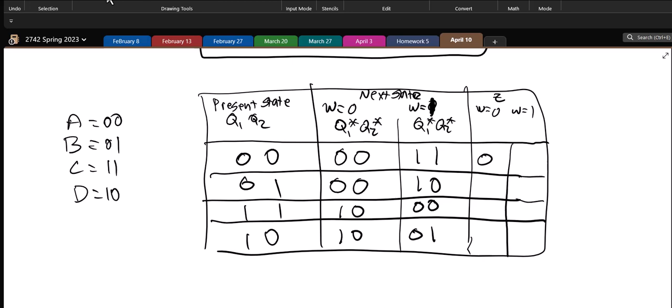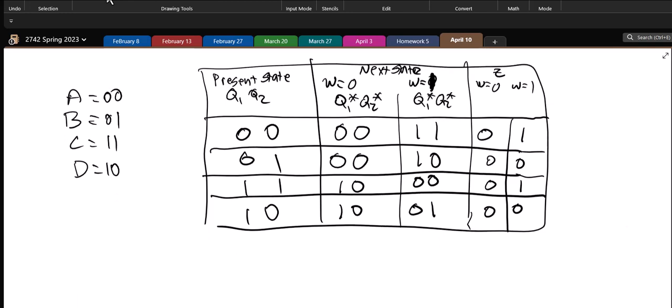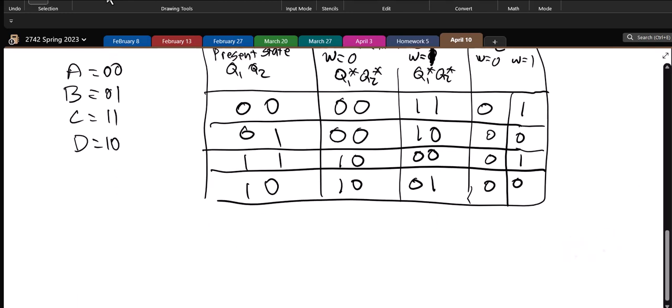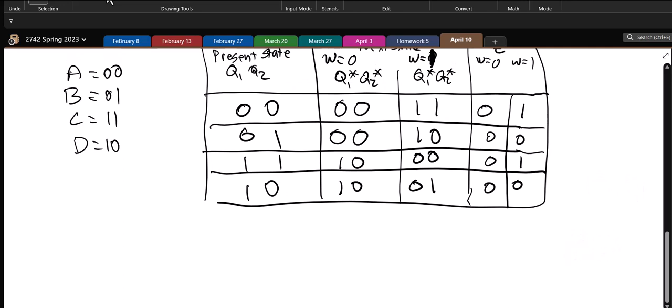So this time our table looks like this, and our outputs are the same. I'm not going to do all of it.